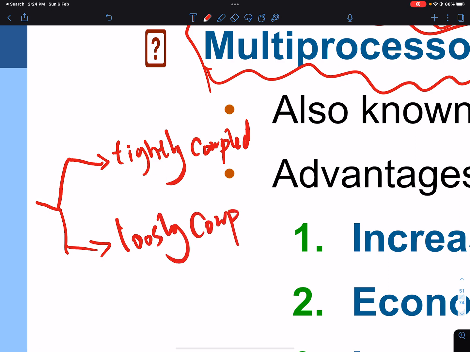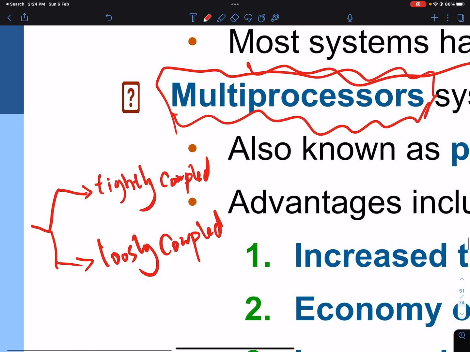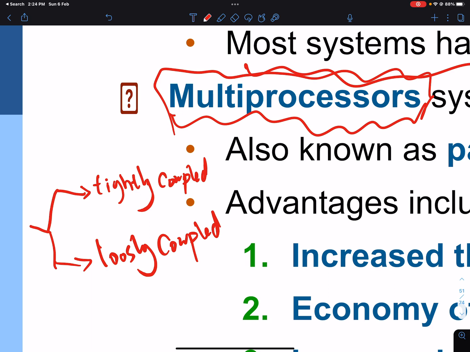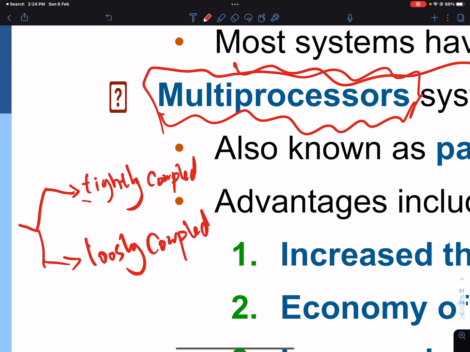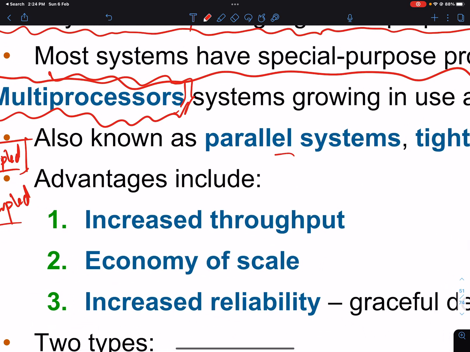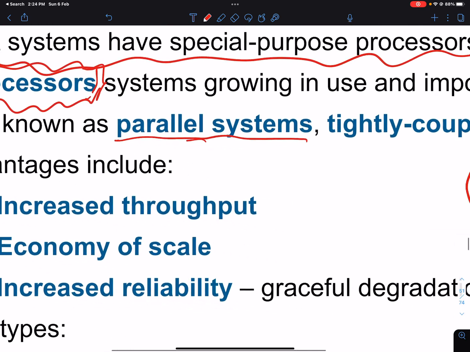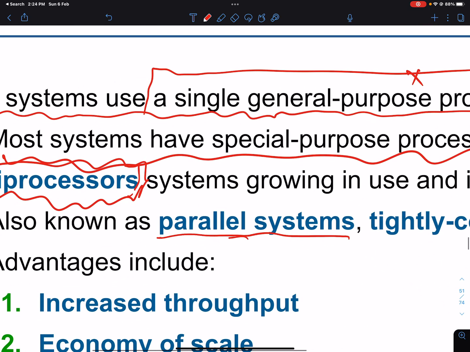Okay, I said something wrong here, I'm sorry. I'm saying when you have more than one machine, or processor, they could be related together with either tightly coupled or loosely coupled. In the case of the multiprocessors, usually it's tightly coupled. You see here, also known as parallel systems, the multiprocessors. That's why I told you, parallelism is always related to multiprocessors.